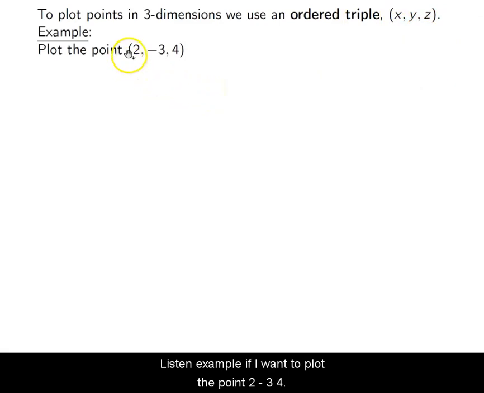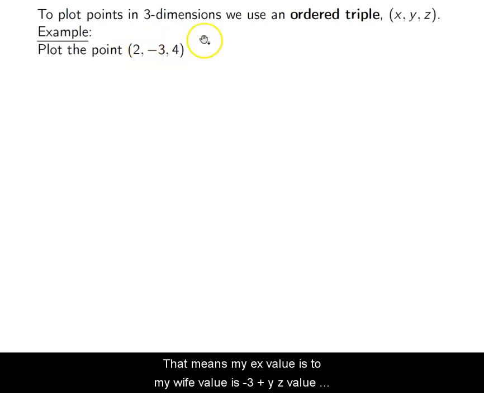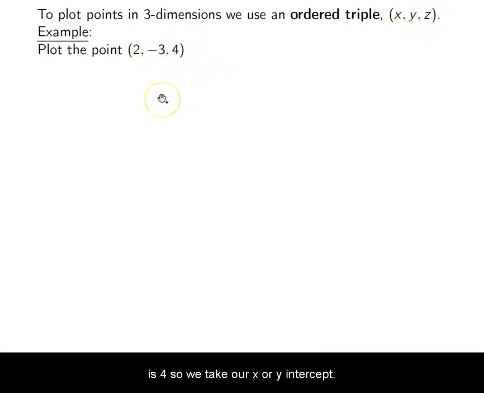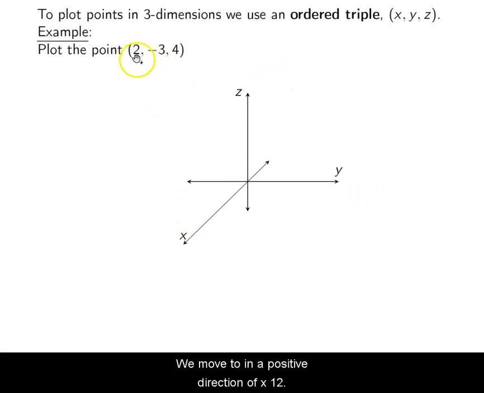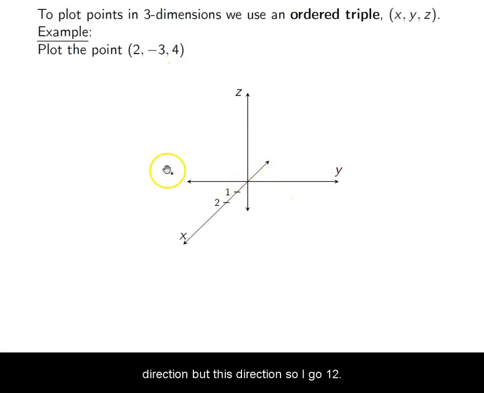If I want to plot the point (2, -3, 4), that means my X value is 2, my Y value is -3, and my Z value is 4. So we take our X, our Y, and our Z. We move 2 in the positive direction of X: 1, 2. Then I move -3 in the direction of Y, so not this direction, but this direction.